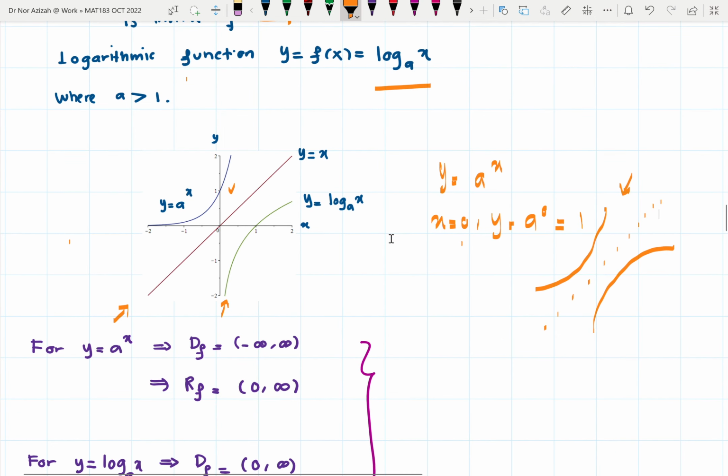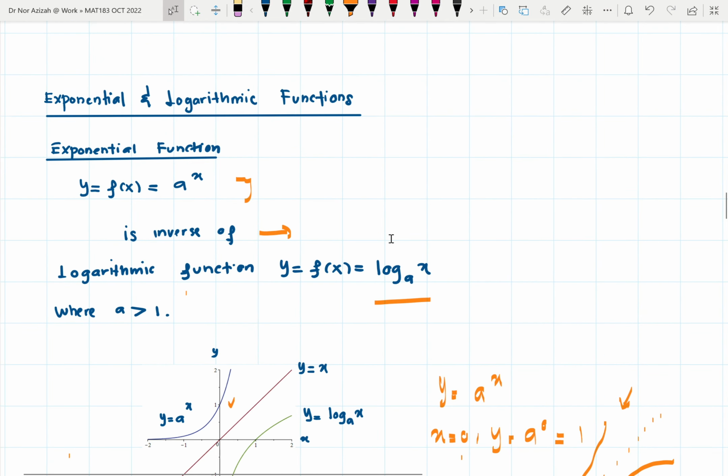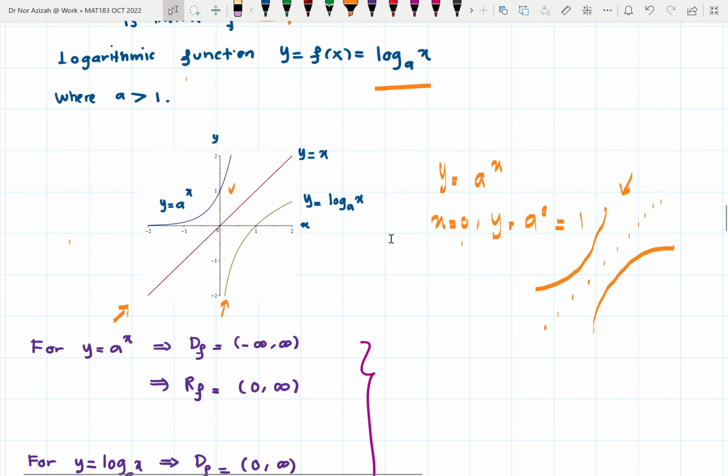Okay, so next, how do we determine the domain and range? Based on this graph here, the domain is the value of the x-axis.